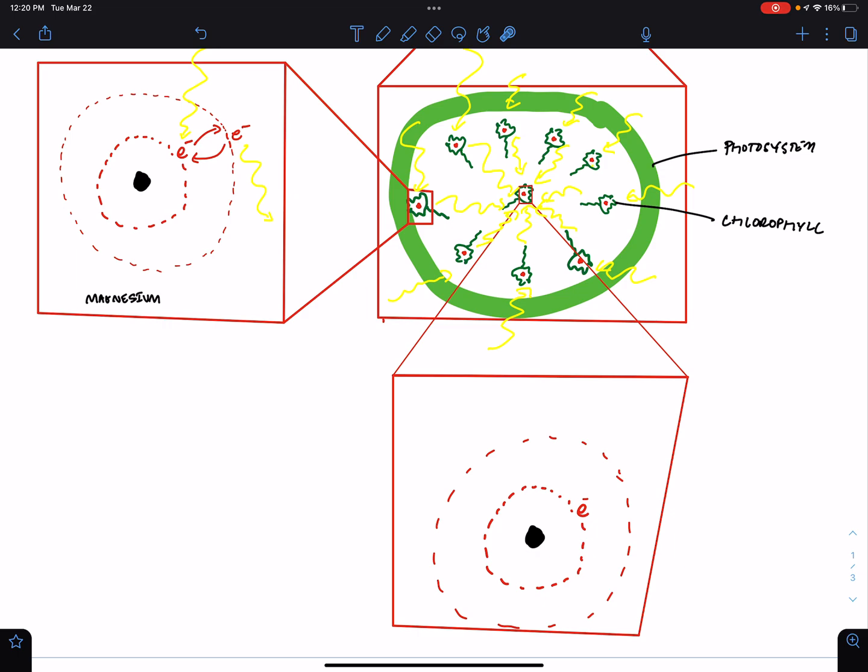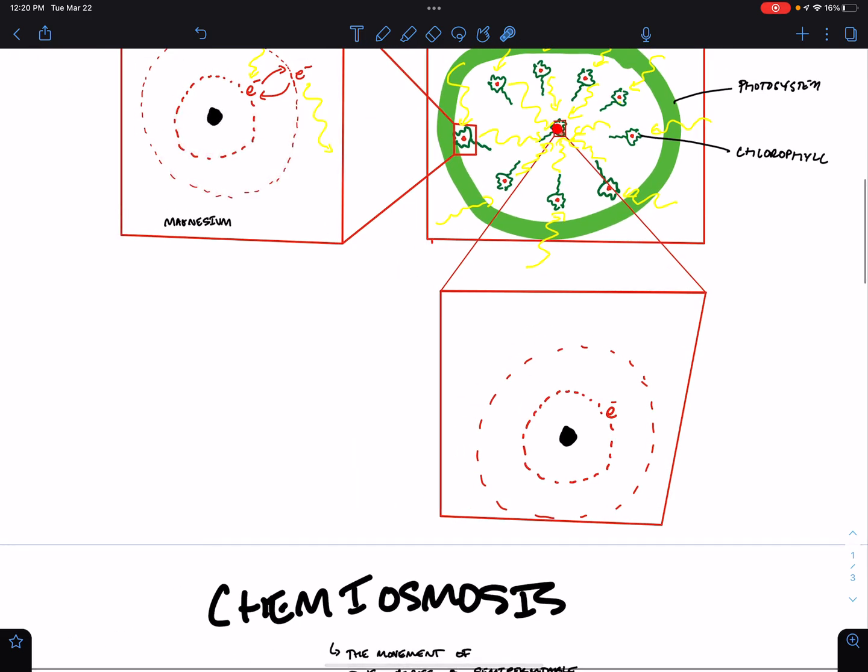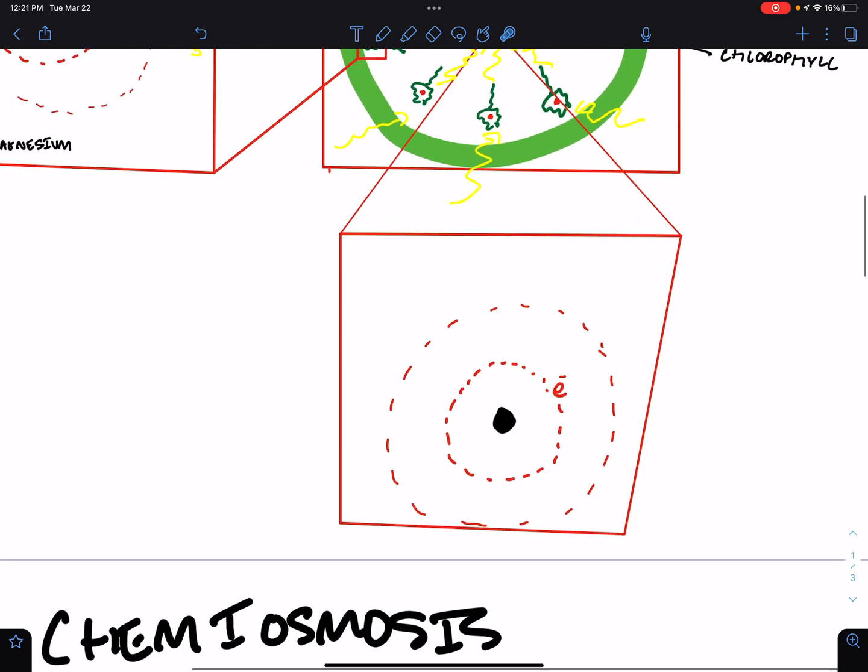And what happens then? Well, this electron in the magnesium ion in the center of this chlorophyll, instead of just jumping up an energy state, actually collects enough energy that it is kicked out of the orbital completely.